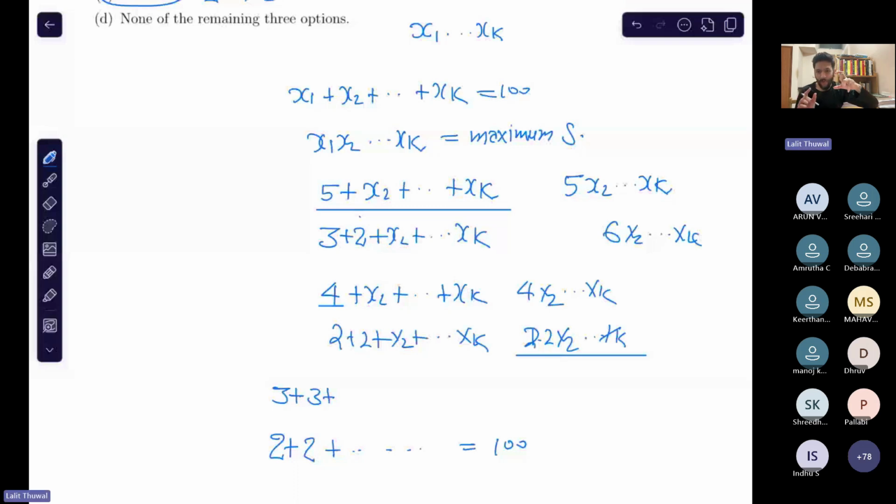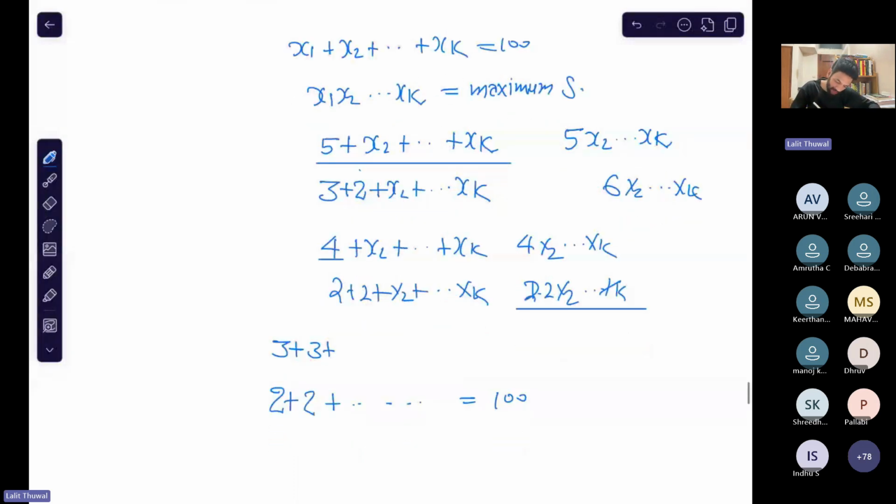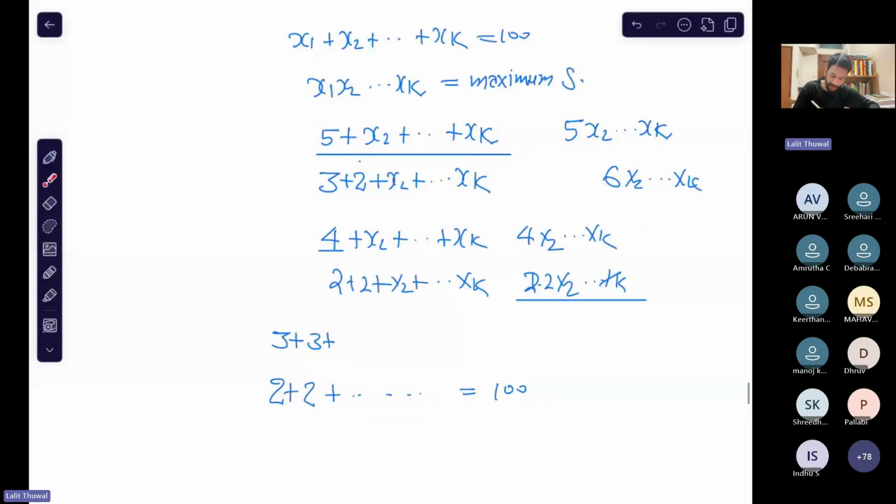My claim is that if there are more 2s, we cannot have more than two 2s. Why? Good. Because 2 plus 2 plus 2 we get 6, and that can also be broken as 3 plus 3, right? Very good. So we cannot have three 2s.